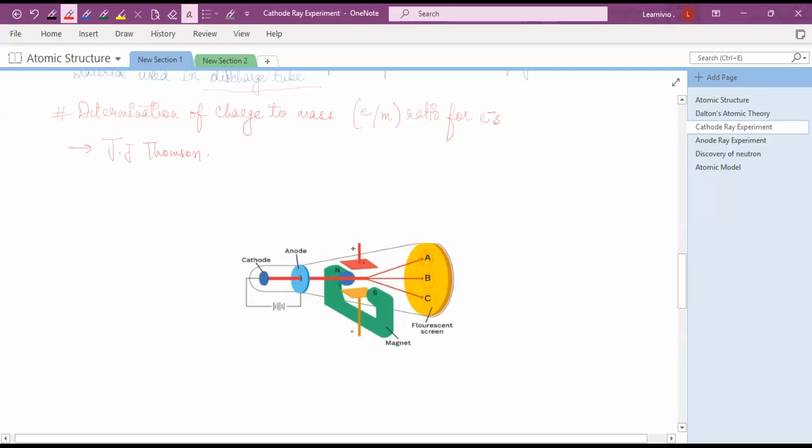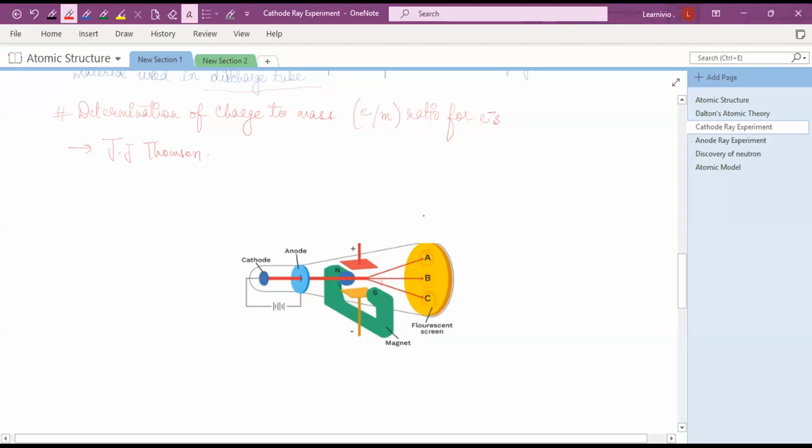Then he removed the electric field and applied a magnetic field. Again he saw some deflection. Again the cathode ray is not traveling in a straight line. From here it bends towards C, by making some angle, and here you can see some deflection, right?